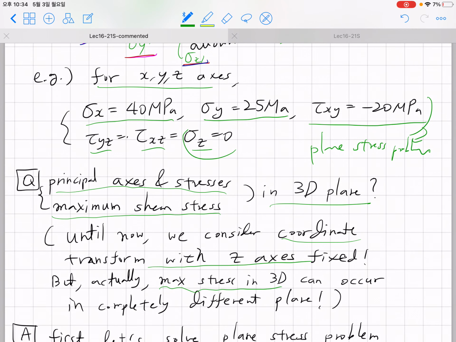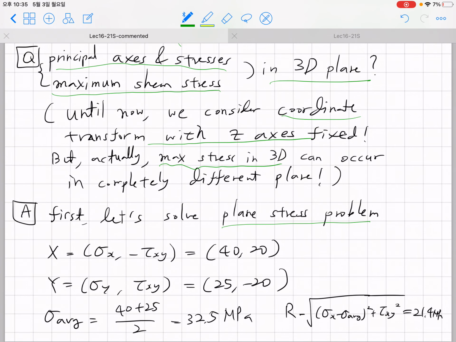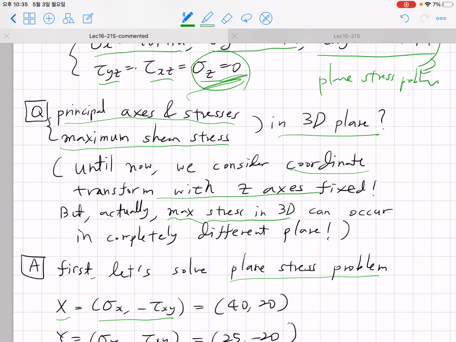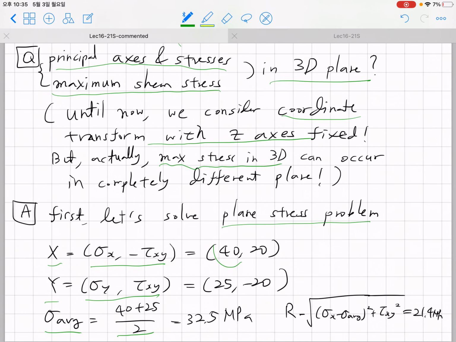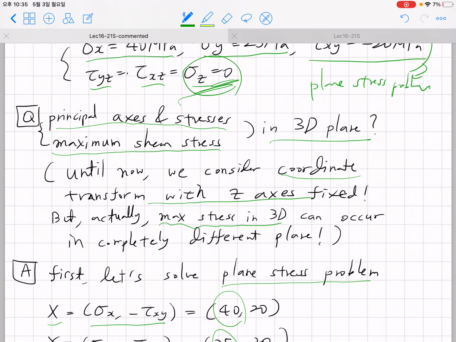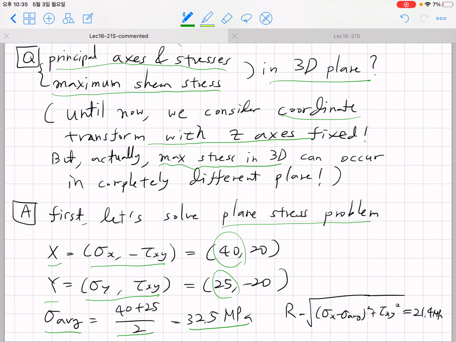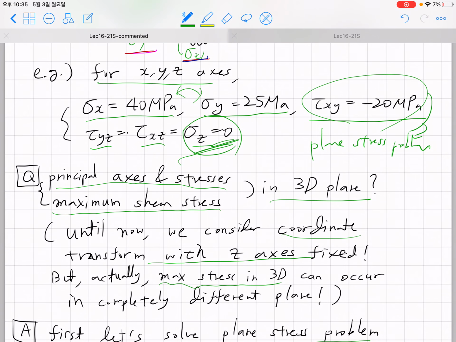Please remember that we already know one principal stress, sigma z, is 0, and our job is to find the other two principal stresses in the plane. Let's define x and y, and also obtain sigma average, which is the average of 40 and 25, which is 32.5, and we have tau xy is negative 20.